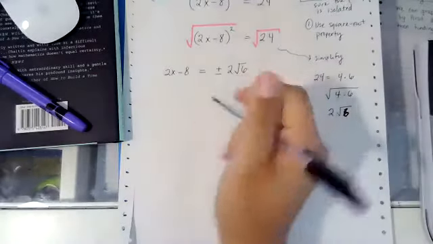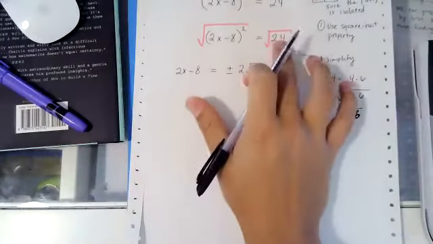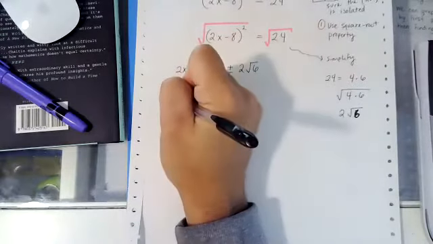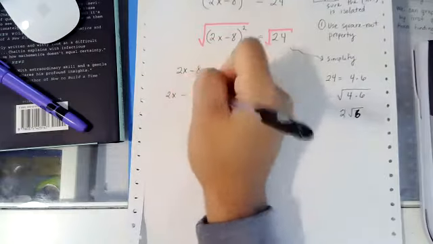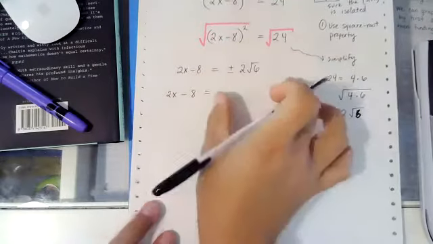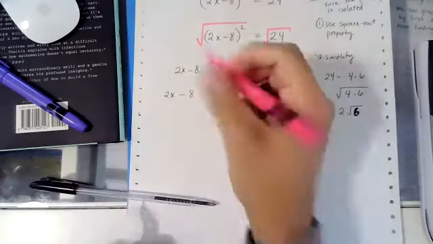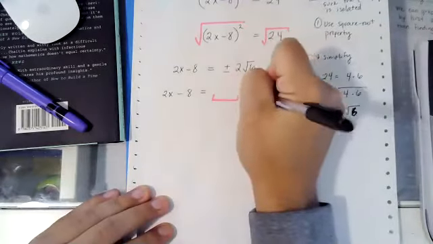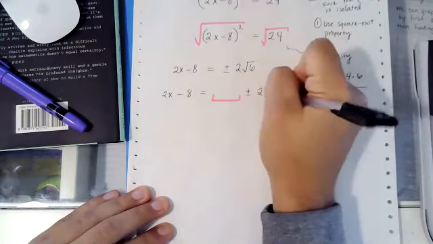Okay. So now once you have simplified the radical, what we might want to do is give ourselves some space over here on the right-hand side. So I'm going to put this little gap in front of the expression plus or minus 2 root 6.